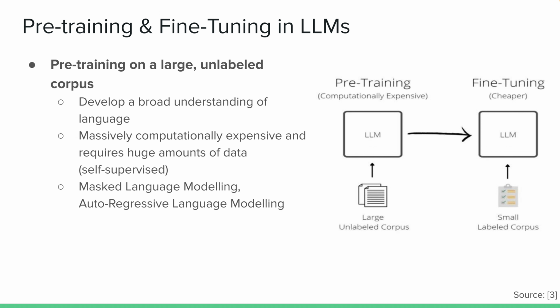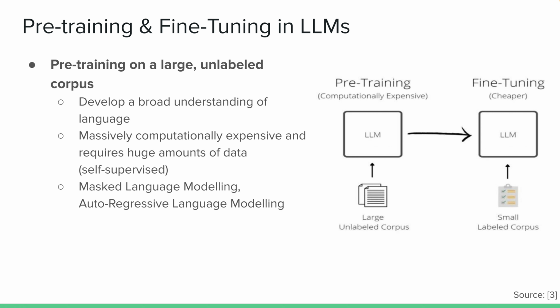Let's take a closer look at how pre-training and fine-tuning work in large language models. First is pre-training, which is done on a large unlabeled corpus. The goal here is to develop a broad understanding of language. The process itself is self-supervised, which means the model learns from the data without any specific labels. Common techniques used during pre-training include masked language modeling or autoregressive modeling.